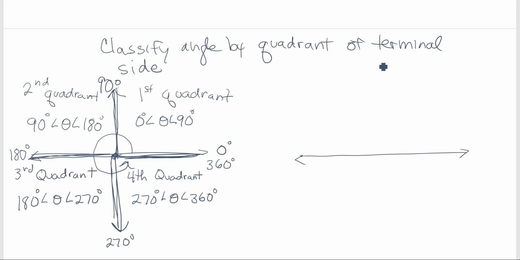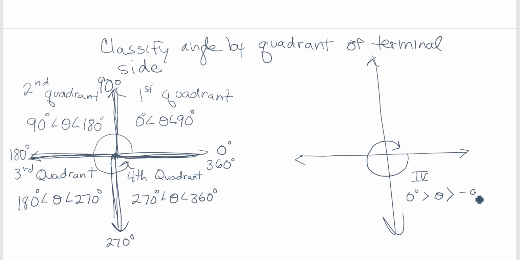I can do that same diagram, and this time if I go in a negative direction, here my quadrant 4 would be an angle between 0 degrees and negative 90 degrees. If I'm in quadrant 3, going in the opposite direction, it would be an angle whose measure is less than negative 90 degrees, but greater than negative 180 degrees.